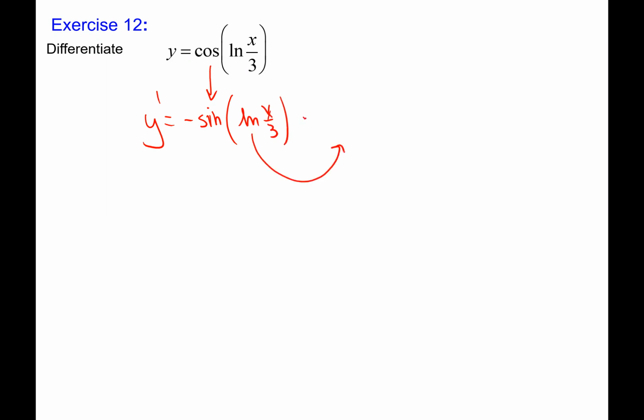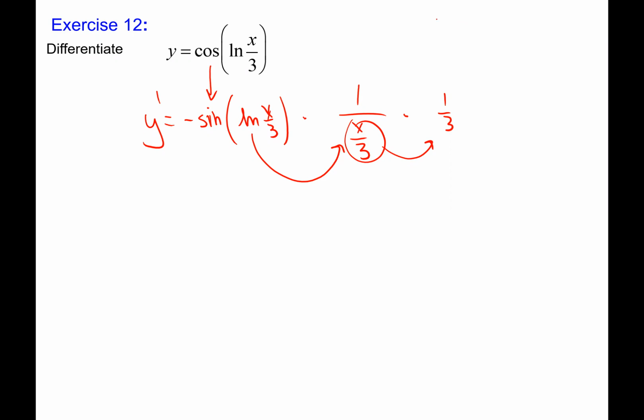Derivative of natural log of x over 3 is 1 over x over 3, times the derivative of x over 3, which is just 1/3, because x over 3 is like 1/3 x, and the derivative is just that constant, 1/3 slope.